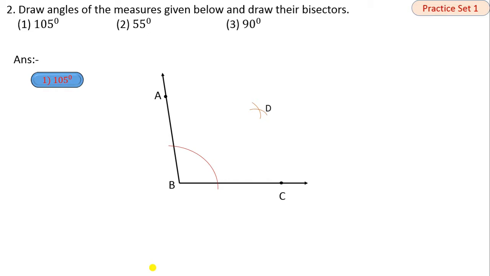Give the name to this intersection point as D and draw a ray through point B and point D, and that ray BD is the angle bisector of angle ABC.